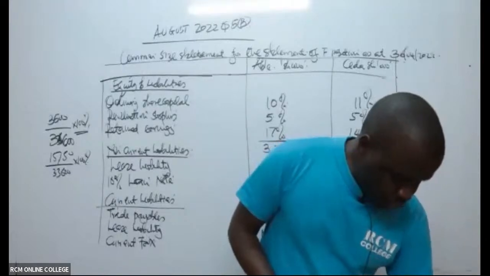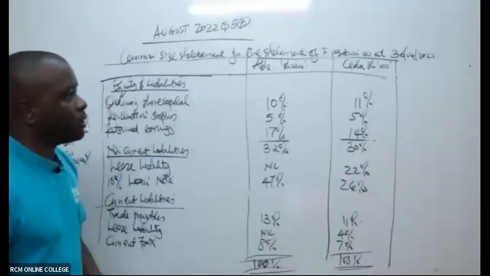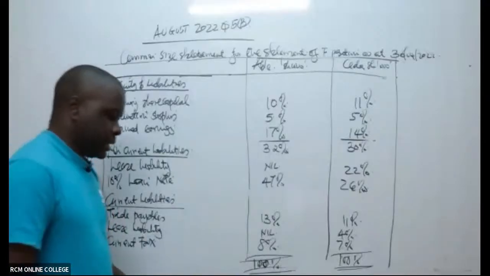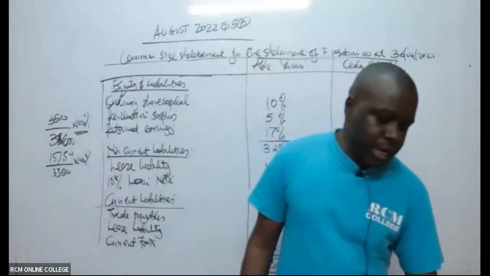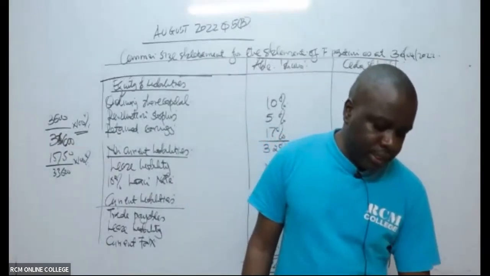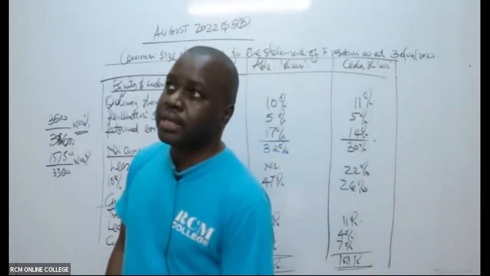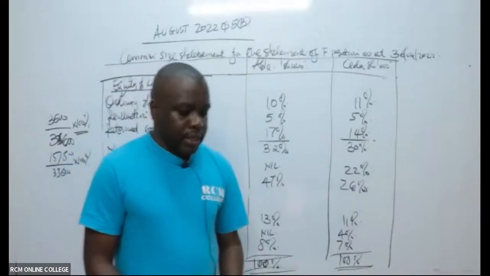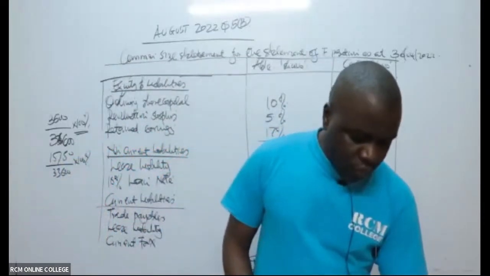So if you look at the common size statement we've been able to prepare with regard to the profit statement, you realize the profit in terms of the revenue is actually 14% of the total sales.